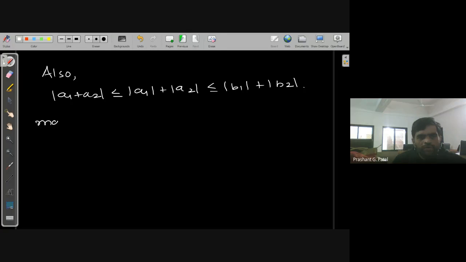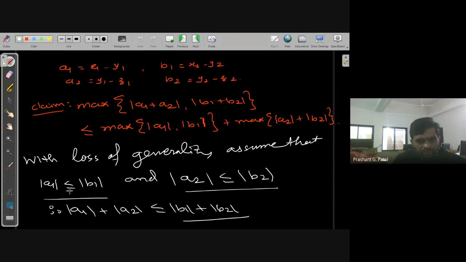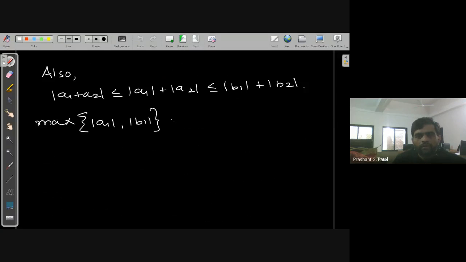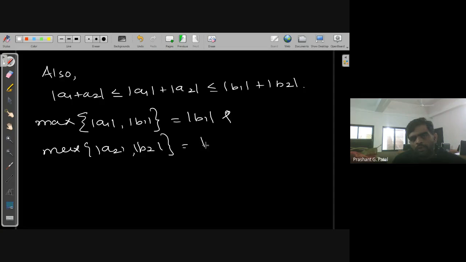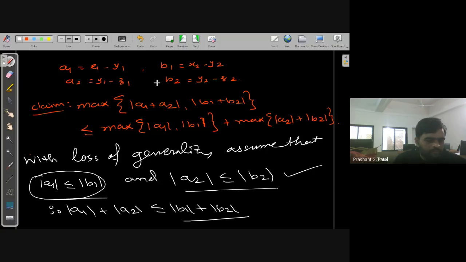So now let us see what the maximum of |a1|, |b1| is. Due to this, the maximum of |a1| and |b1| will be |b1|, and the maximum of |a2|, |b2| will be |b2|. We can have that.